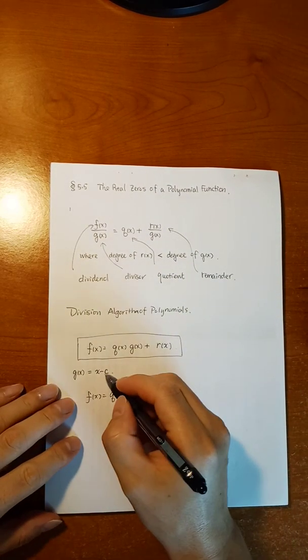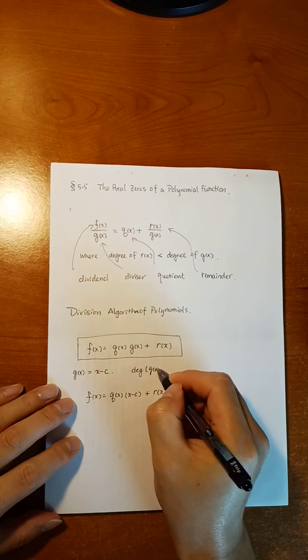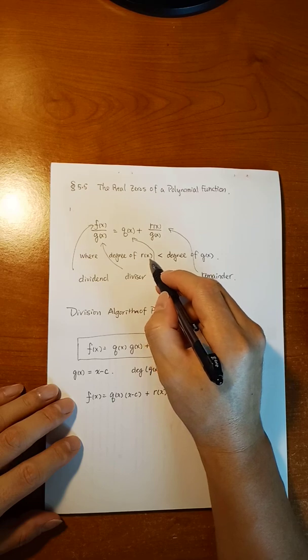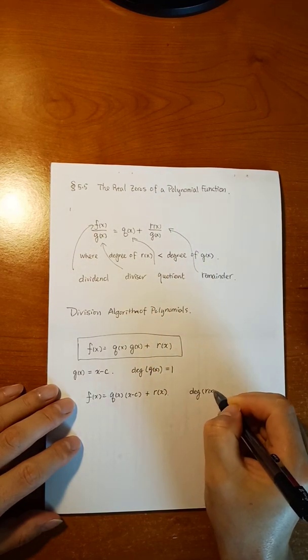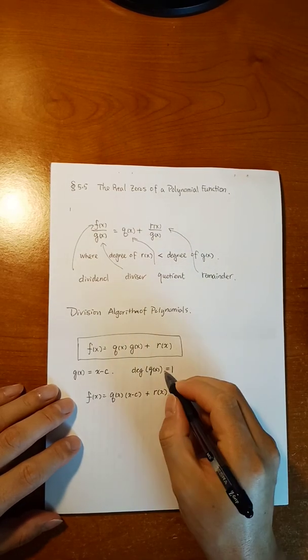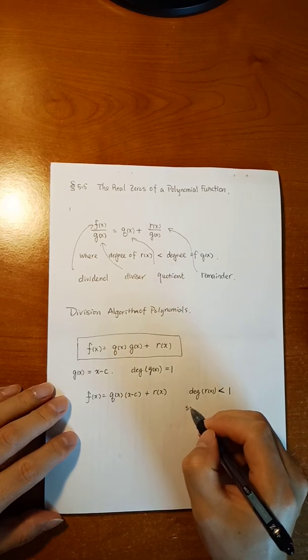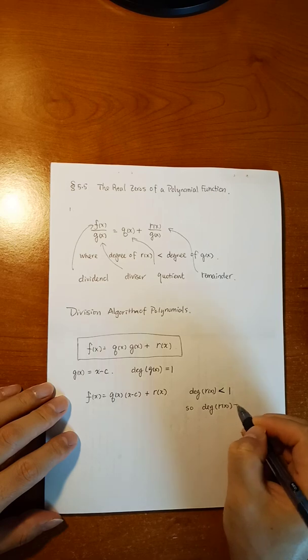Remember here, x minus c, the degree is 1. And we need the degree of the remainder strictly less than 1, strictly less than the degree of the denominator. So it implies the degree of the remainder in this case has to be 0.